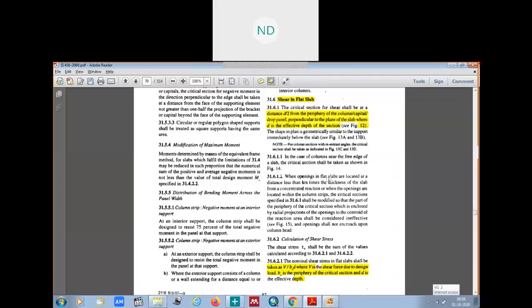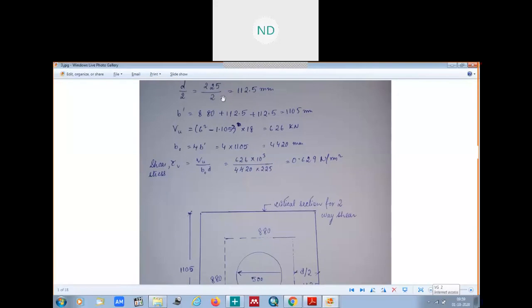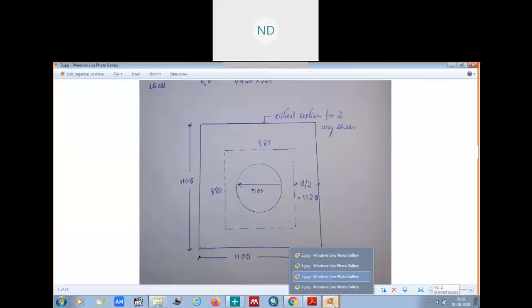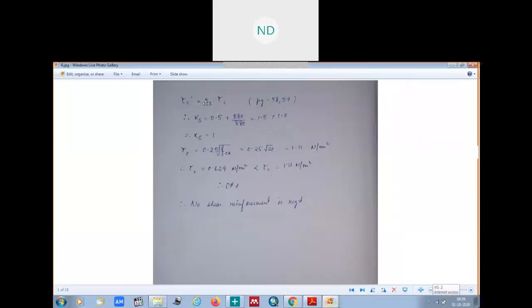The shear stress will be VU by B naught into D. VU is 626, which you already calculated. B naught we got to be this much. D is 225, the overall effective depth in this case. So you have calculated your shear stress.